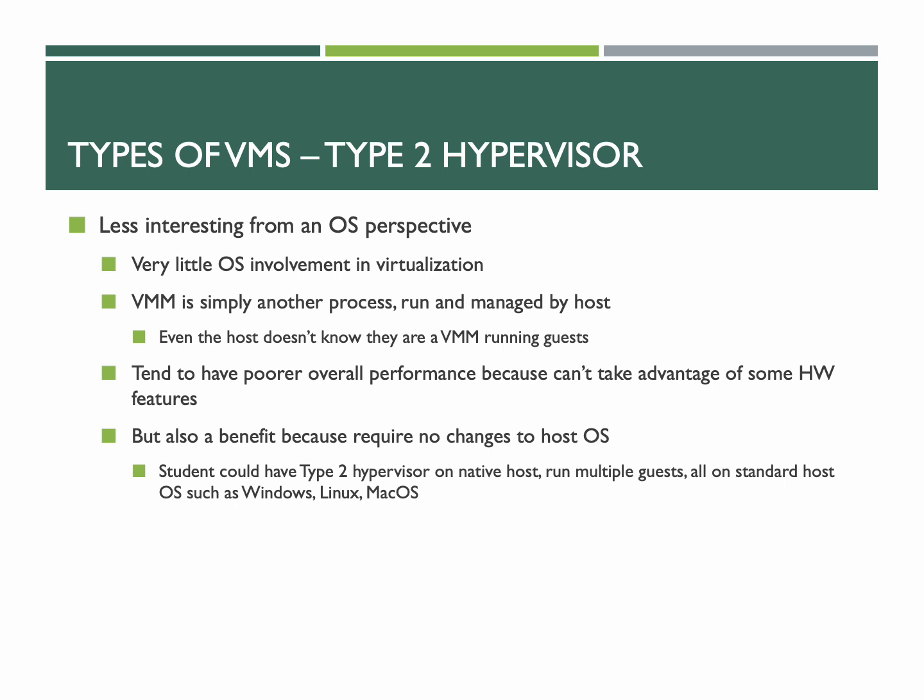So, we can say they generally exhibit poorer performance compared to Type 1 due to the additional overhead imposed by running on top of a host operating system. They cannot leverage certain hardware optimizations that are accessible to Type 1 hypervisors, which interact directly with the physical hardware.